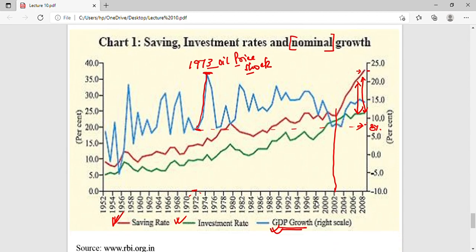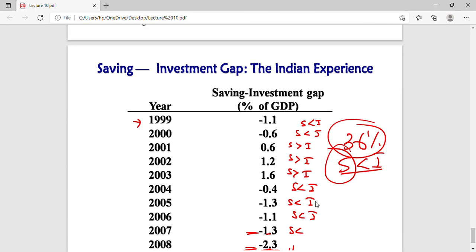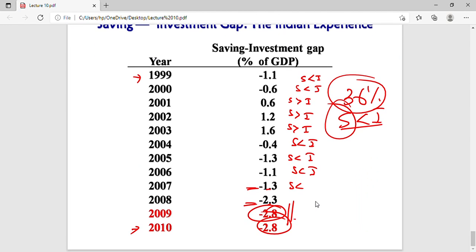So you can see the saving investment gap for Indian expenditure; this is the real data that has been shared.